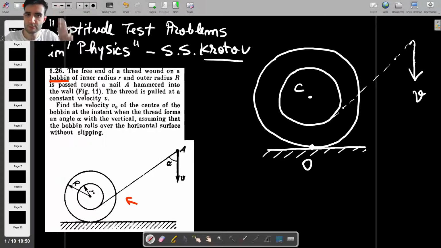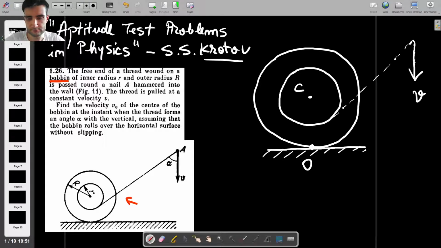And the thread is being pulled downwards with a certain velocity v. And what we have to find, knowing all this, is what is the velocity of the center of the bobbin, okay? In the moment when the thread and the vertical make an angle alpha.